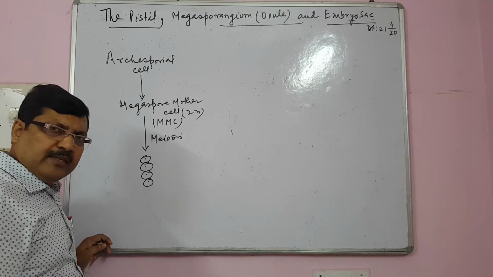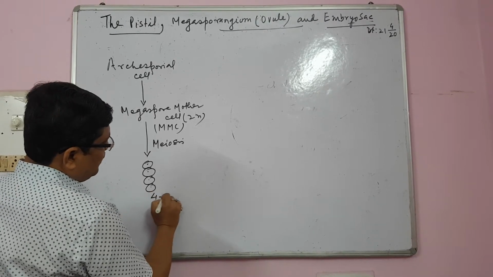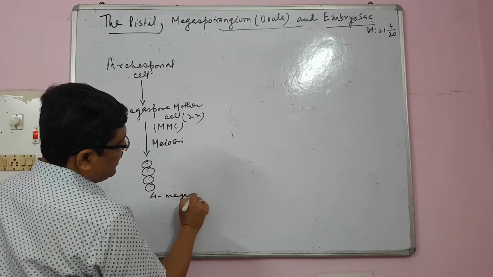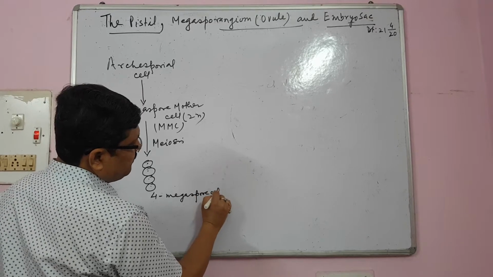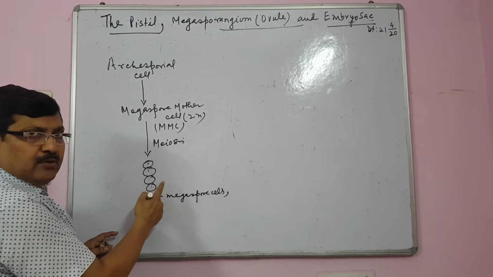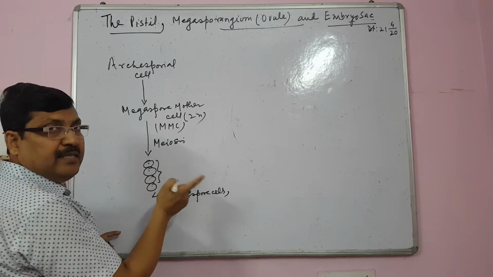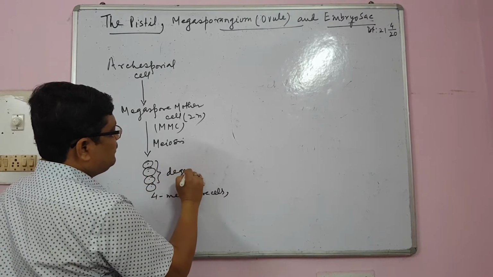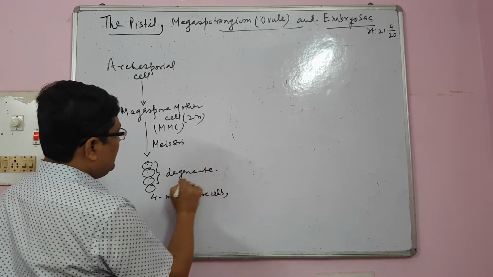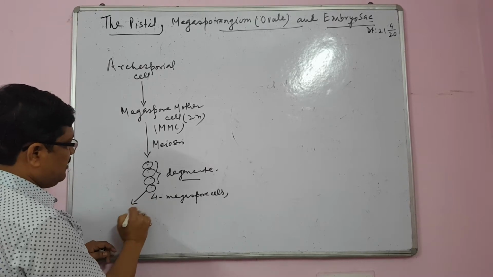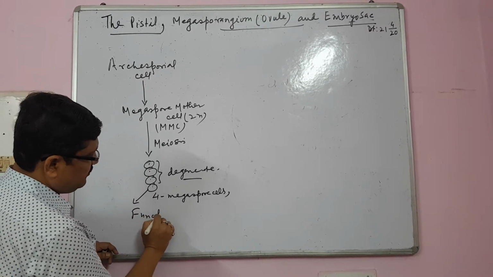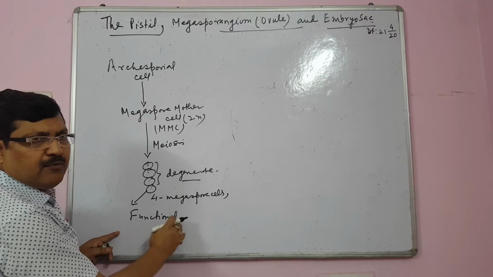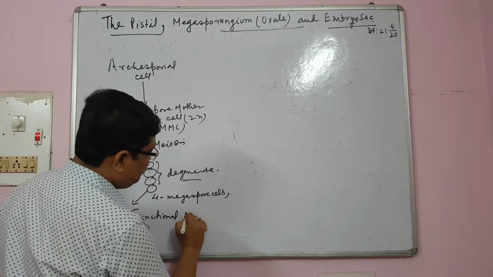This forms 4 megaspore cells. Out of 4, 3 will degenerate and only 1 will be functional.